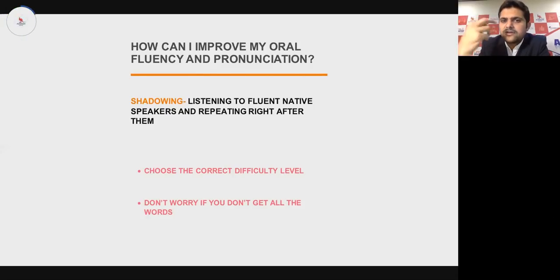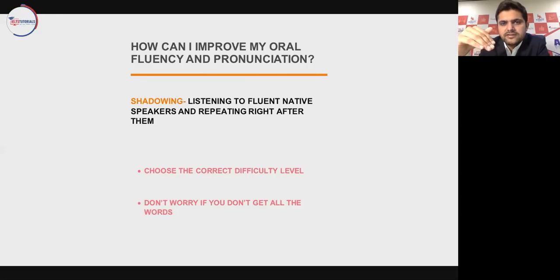So the best difficulty level is that you're listening to audios where you're able to get the overall meaning, you're able to get most of the words, but you're just struggling to get a few words. If you start with that kind of audios, and then slowly increase the difficulty level, that would be the best way to do this particular activity.